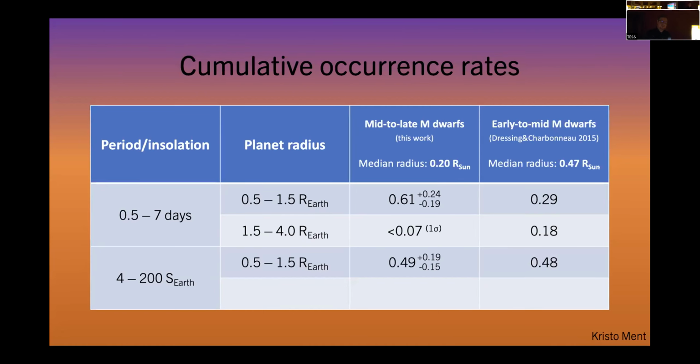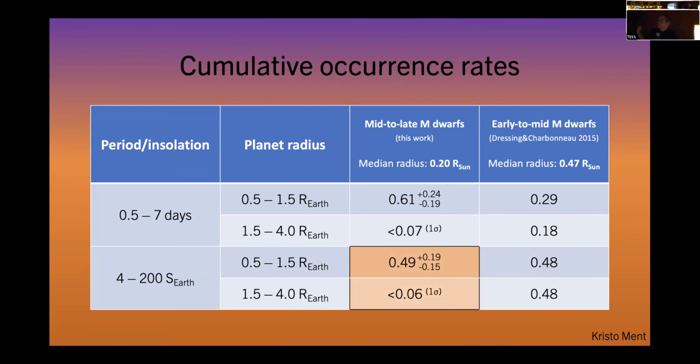And this is even more interesting when you convert to insolation, because planets orbiting stars of different masses get different amounts of radiation from their stars. So when you take that into account, the early dwarfs actually have about the same number of terrestrial planets as mid to late dwarfs. However, once again, the larger planets are missing. And I would like to highlight this ratio.